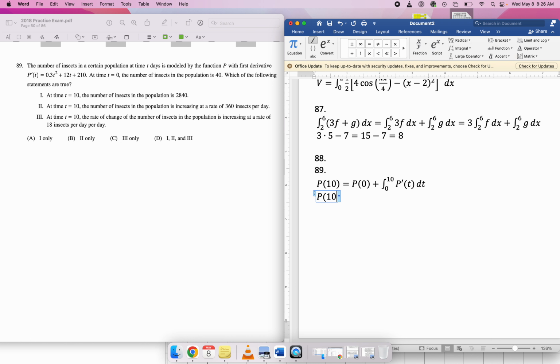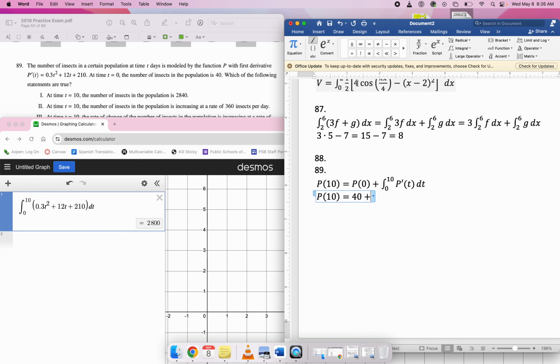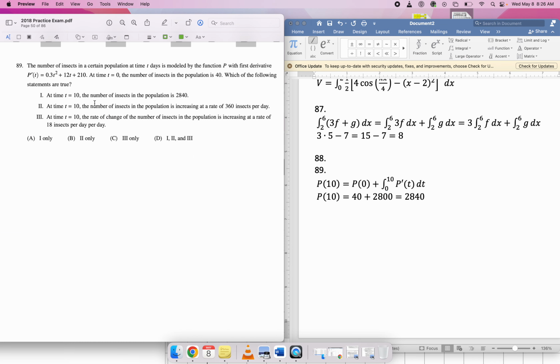Well, I know that p of 0 is 40, and then this integral I can compute on my calculator. So integral from 0 to 10 of this guy, 0.3 t squared plus 12t plus 210 dt is 2800. So that's 2840. So I think that 1 is true.